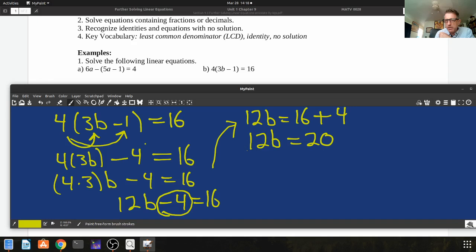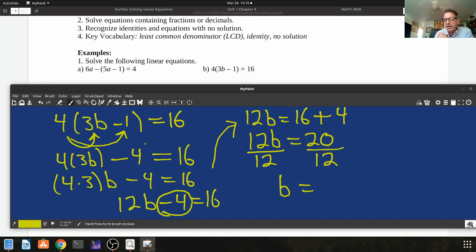And now, if 12b is equal to 20, I want to know how much a single b is. So I divide both sides by 12. That's the same exact thing as multiplying both sides by the reciprocal of 12, which is 1 over 12. So 12 divided by 12 gives me 1b on the left-hand side.